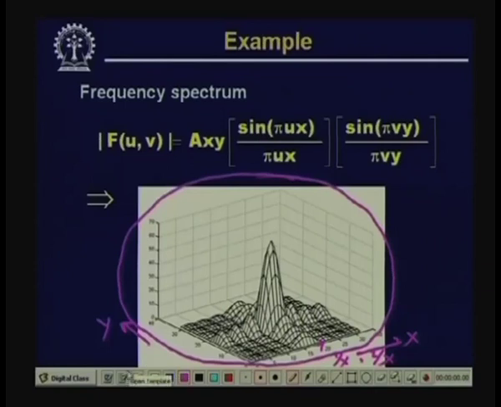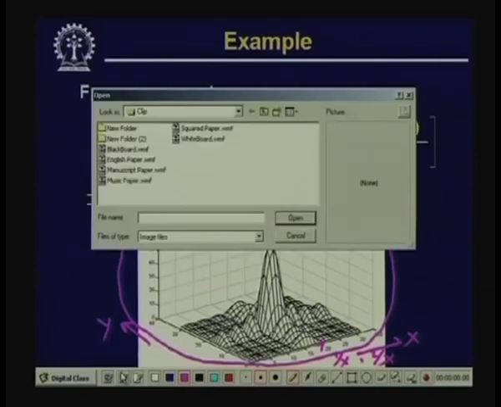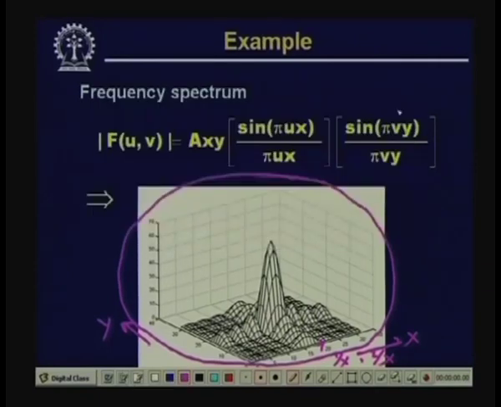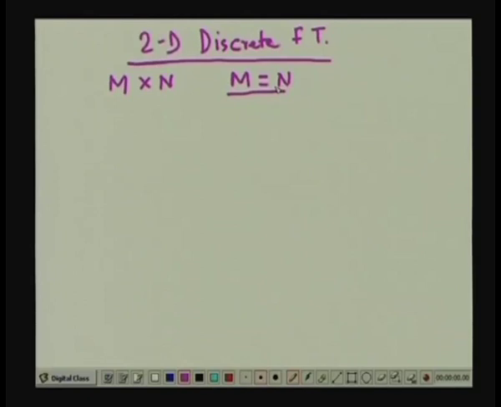In the case of discrete signals, the discrete Fourier transformation will be of this form F(u, v), where the integrations are replaced by summations.